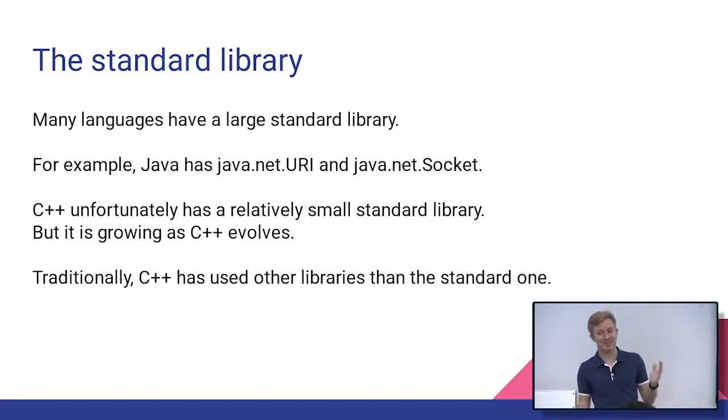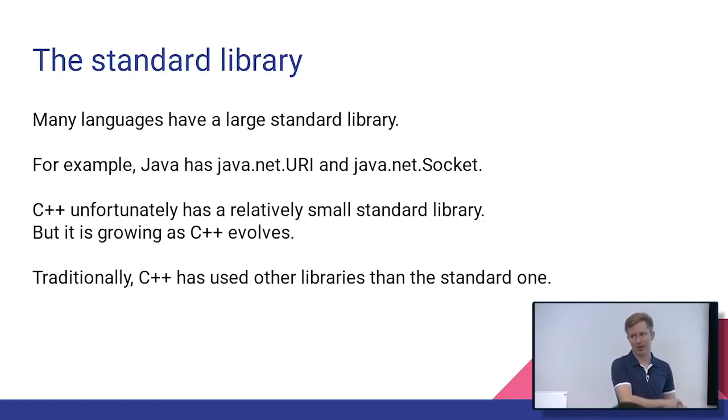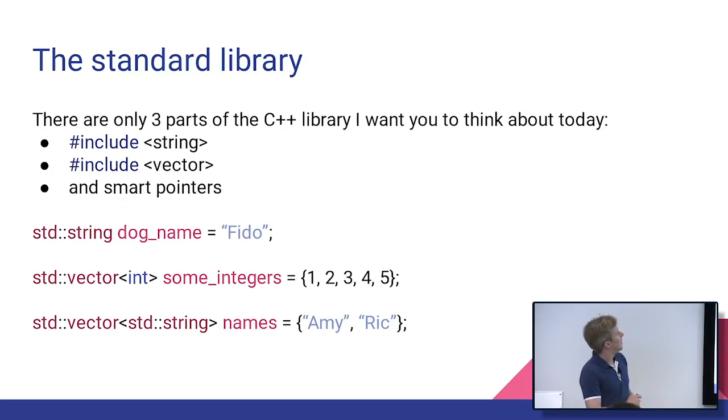And it's getting better, but we're still decades behind. So traditionally, the solution to this is we use separate libraries, something else. If we need a socket, we go find a socket library. The standard library is huge, despite me just saying how tiny it is. It's tiny compared to Java, which is astronomical.